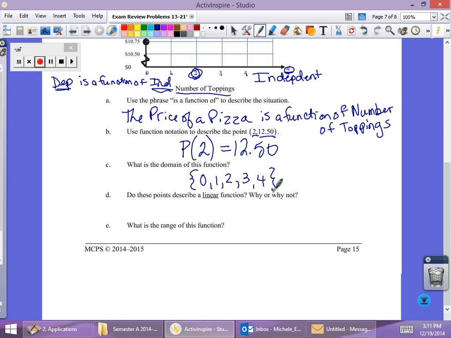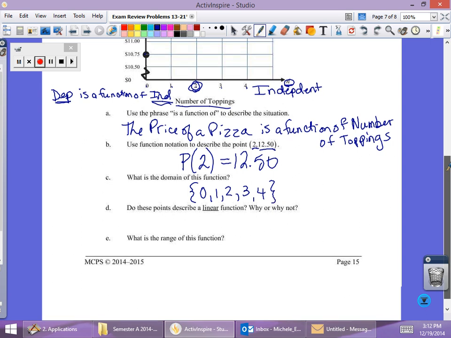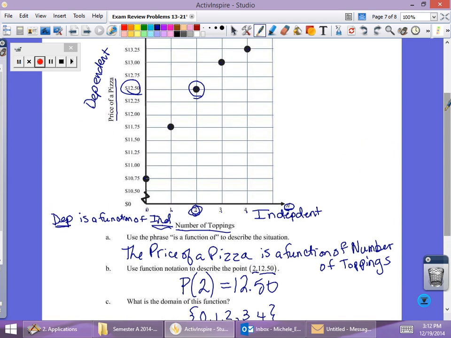Do these points describe a linear function? Why or why not? Well, to be a linear function, we have to add the same value each time. When I go from 0 toppings to 1 topping, I'm adding $1. But when I go from 1 to 2 toppings, I'm only adding 75 cents. From 2 toppings to 3 toppings, 50 cents. From 3 to 4 toppings, only 25 cents.